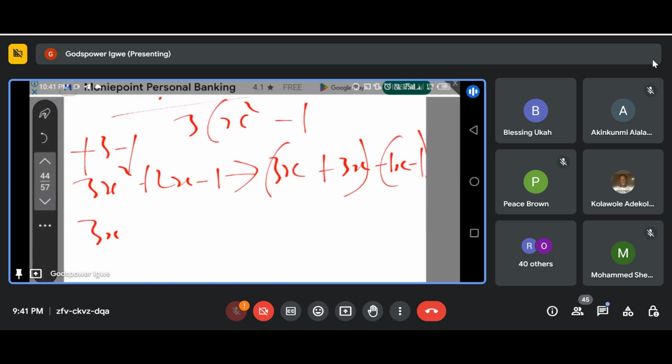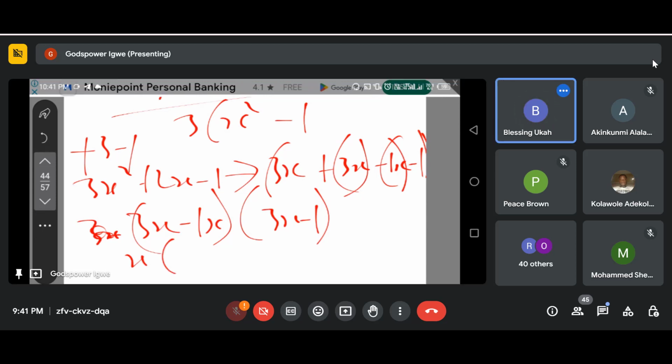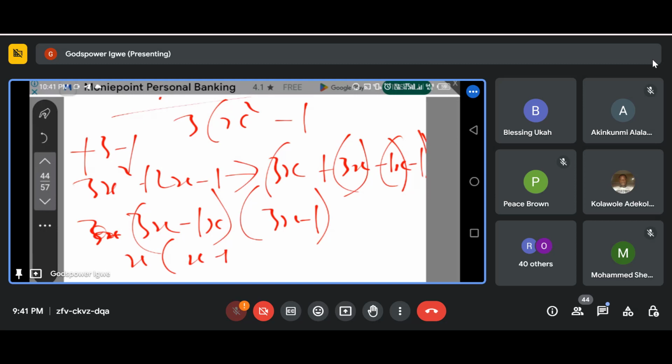Or instead, let's just combine this, and then let 1 go with this. So it will be 3x minus 1, and then 3x minus 1. So that if x comes outside, this is going to be x minus 1.